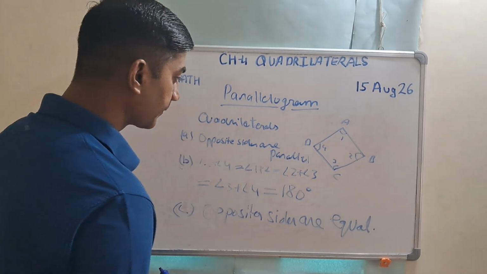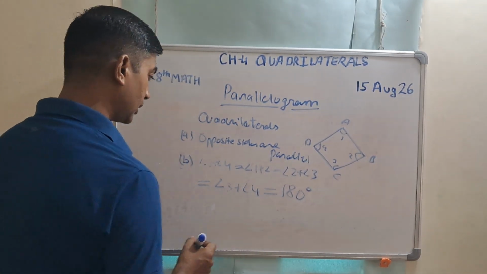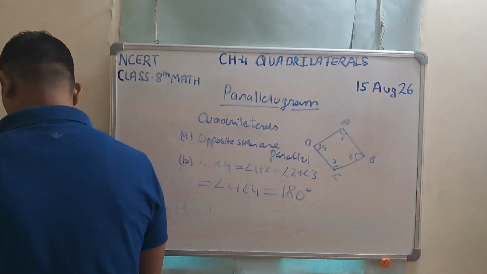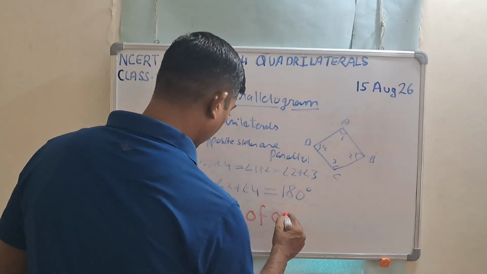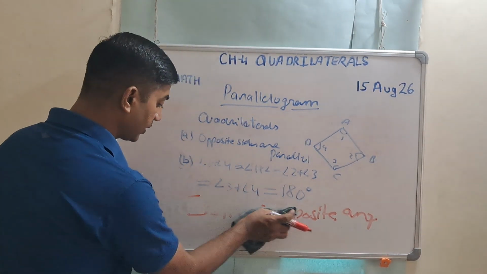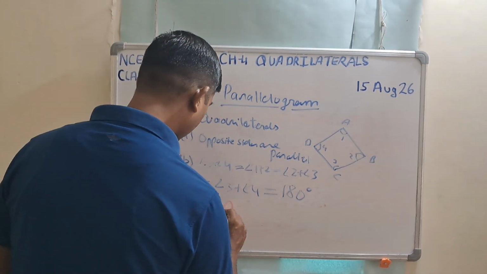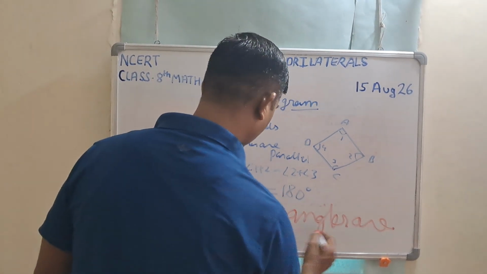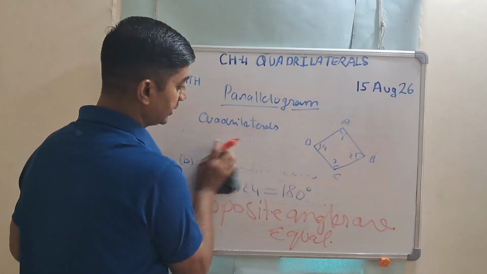So we can write here: sum of opposite, sorry, this is not sum, actually opposite angles are equal in a parallelogram. Understood? Opposite angles are equal.